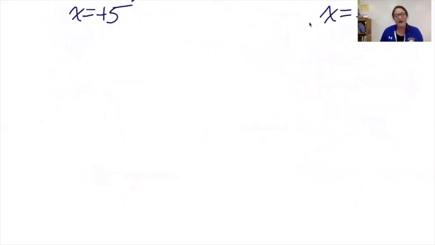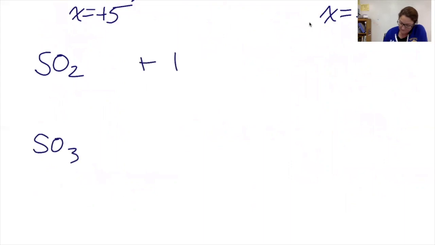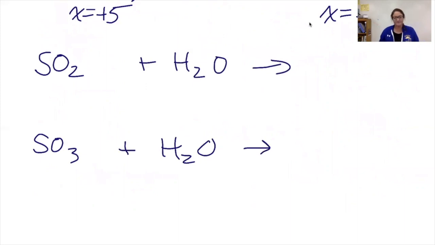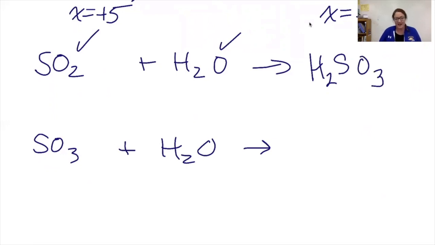The chlorine compounds are figured out similarly. So are the sulfur compounds. Let's look at SO2 and SO3. There is an easier trick for SO2 and SO3. Just straight up add them. My compound's going to have 2 hydrogens, 1 sulfur, and 3 oxygens. And that's the acid that forms.